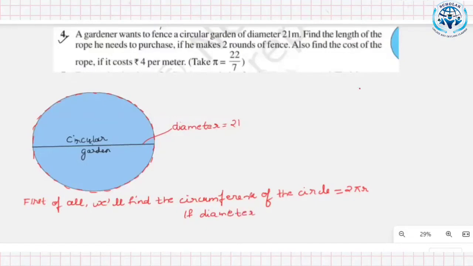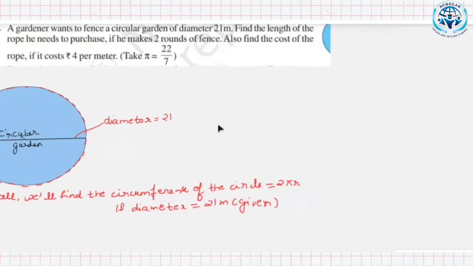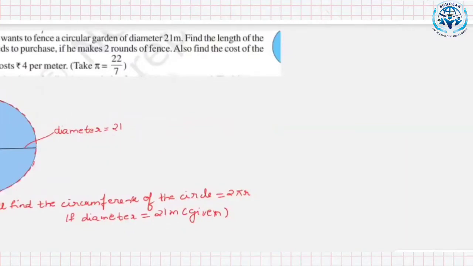If diameter is 21, then radius is equal to 21 upon 2 meter.